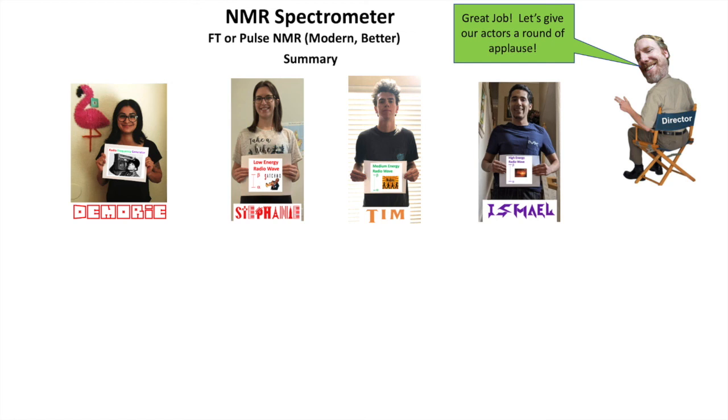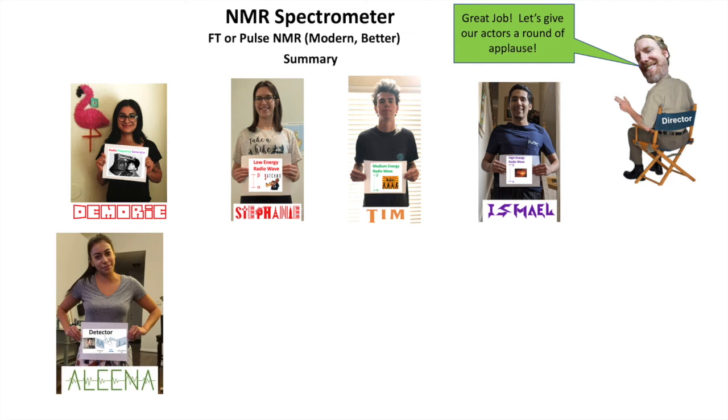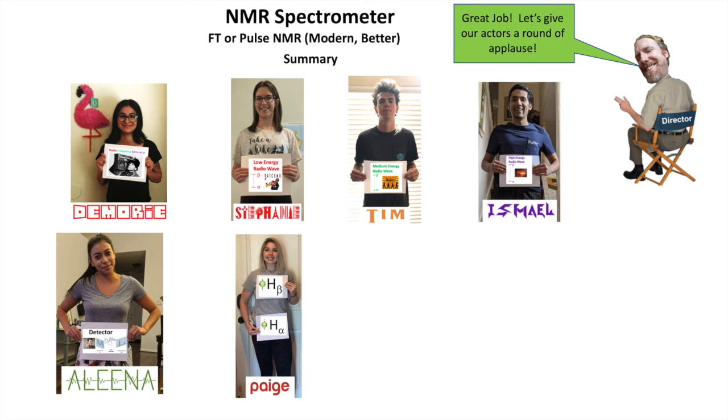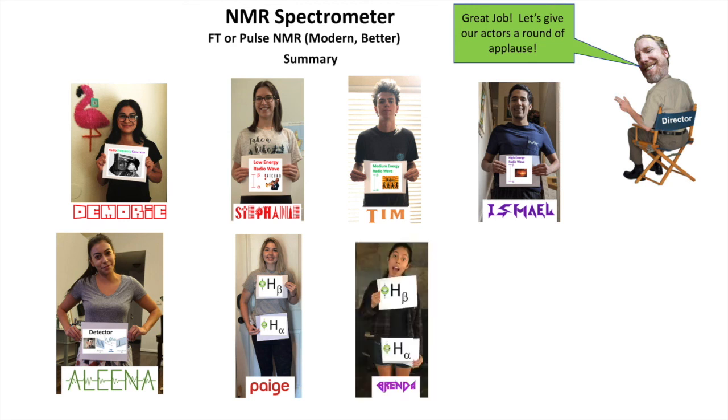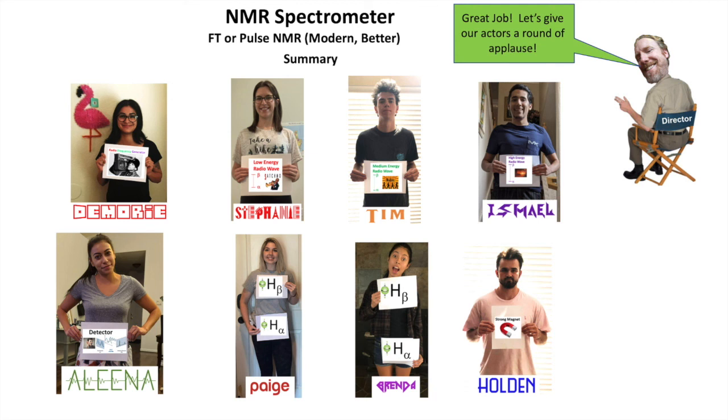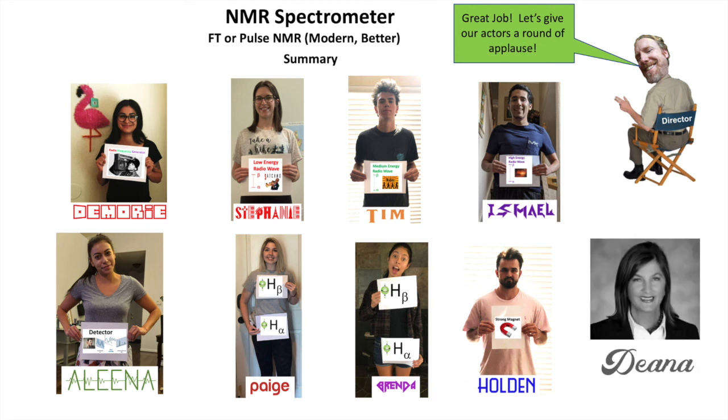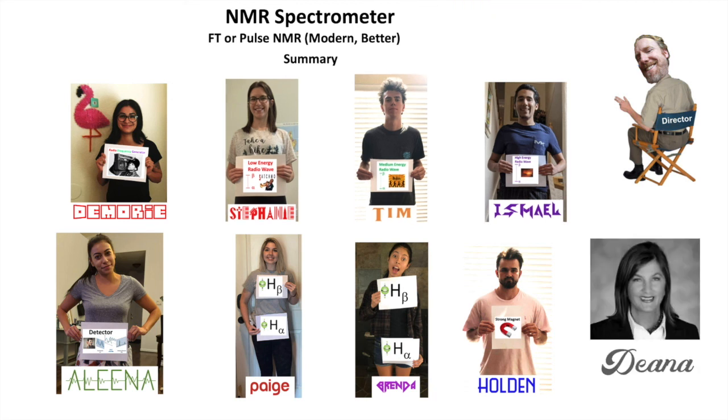Dio's the best. He's this little guy with this huge voice. He just rocks. Well, he passed away, but his music's pretty fun. All right, Alina, our detector. Paige, again, doing a great job with the alpha and beta spin states, along with Brenda. And Holden, our magnet. And Mama Dina. Good job. Now off to the press junkets.